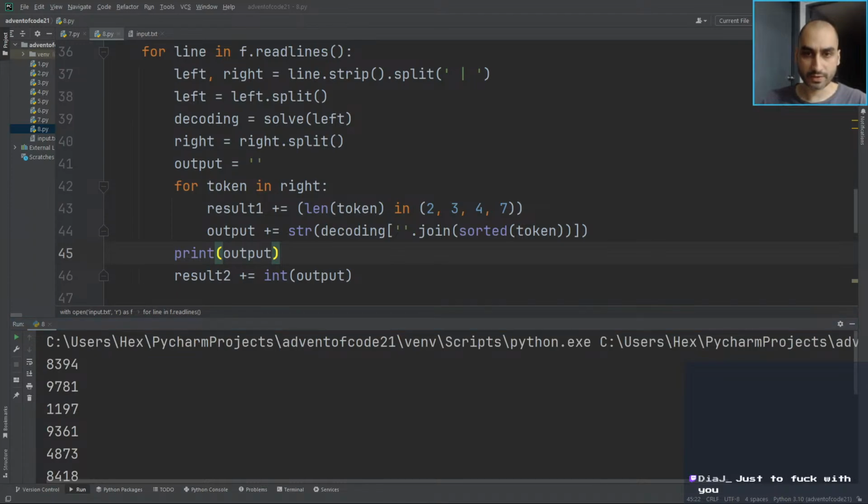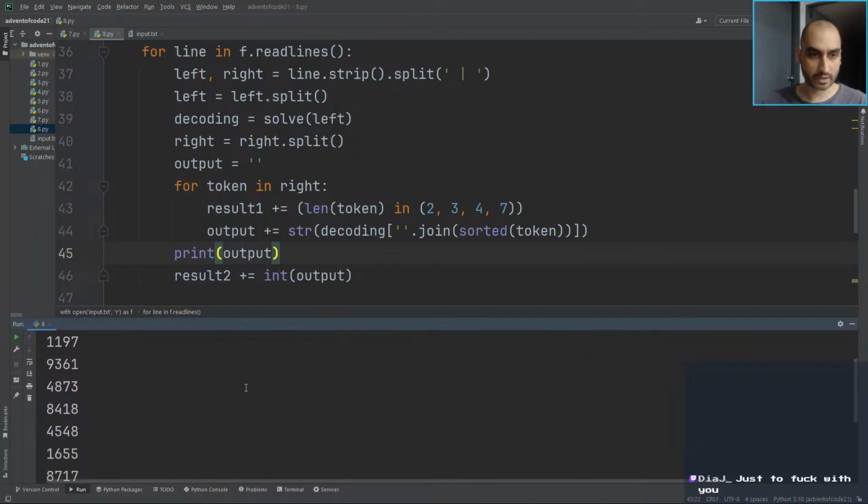Let's go through the numbers. 8394, correct. 9781, correct. 1197, correct. 9361, correct. 4873, correct. 8418, correct. 4548, correct.